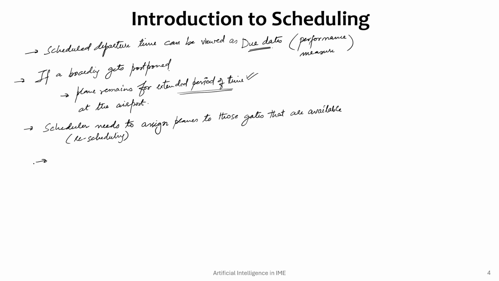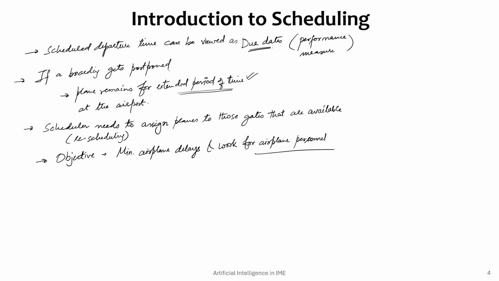So, one of the objectives in this major airport scheduling problem could be to minimize airplane delays and work for airplane personnel. Now, these airplane personnel are also your resources that you need to allocate.